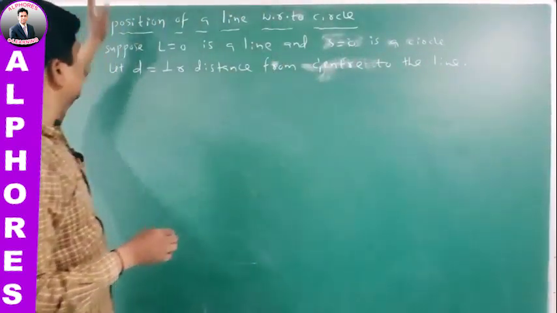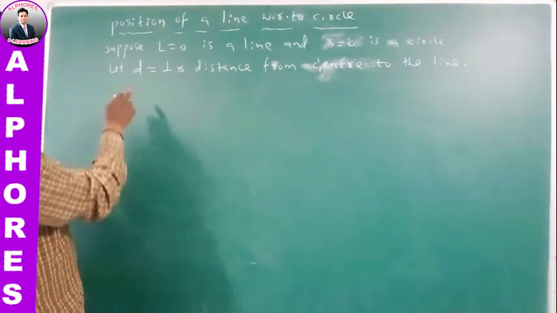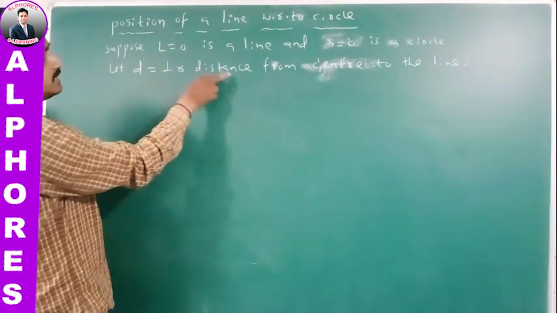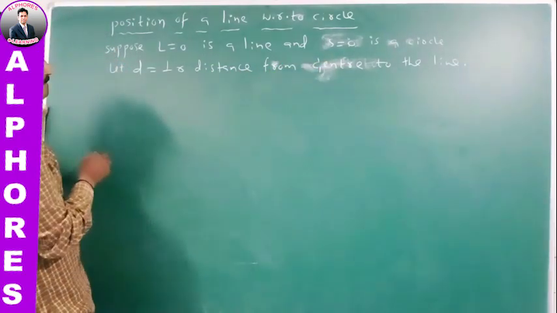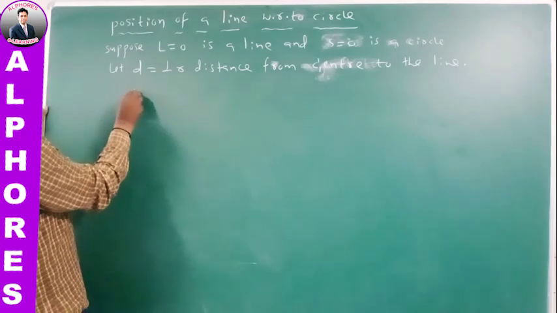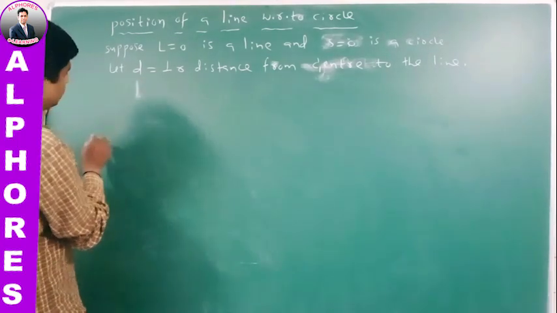Observe here. Suppose L equals 0 is a line and S equals 0 is a circle. The small d means the perpendicular distance from the center to the line.